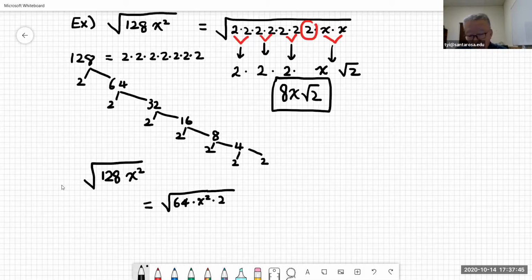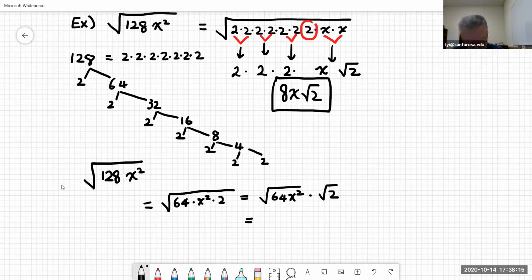And we have the law that, from what we just looked at, if you have the nth root of a times the nth root of b, then you get ab inside. So that's what we have here. So you can actually rewrite this as the square root of 64x squared times the square root of 2.